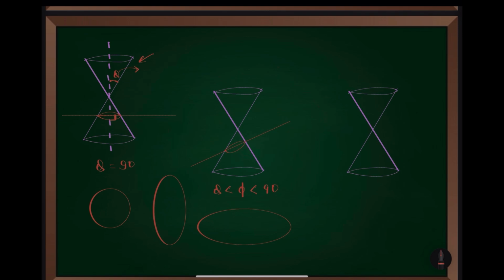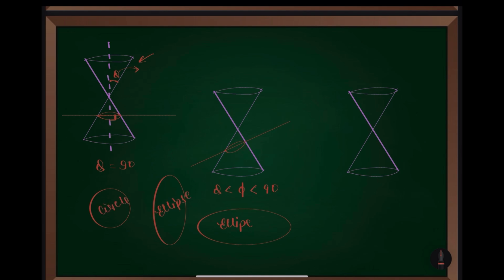It should be smaller than 90, because if it is at 90 it will become a circle. So in this case we will get an ellipse. This is also an ellipse. This is a circle.